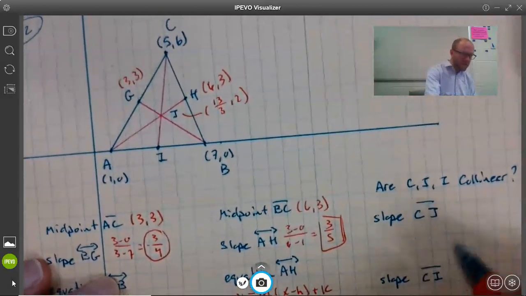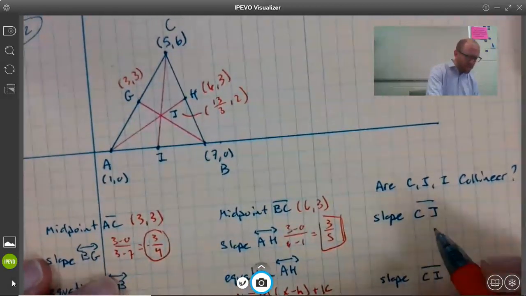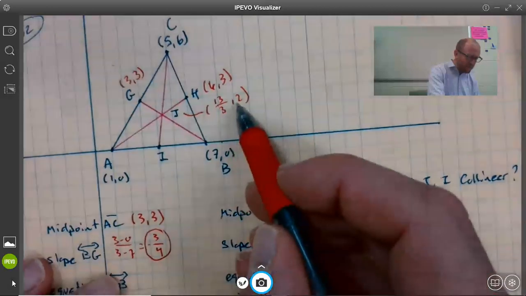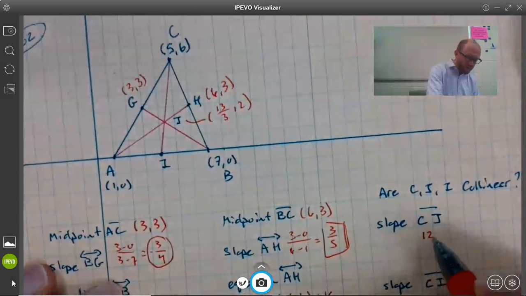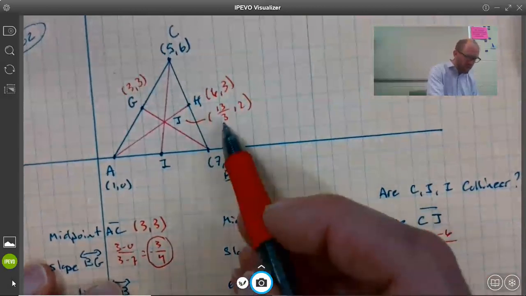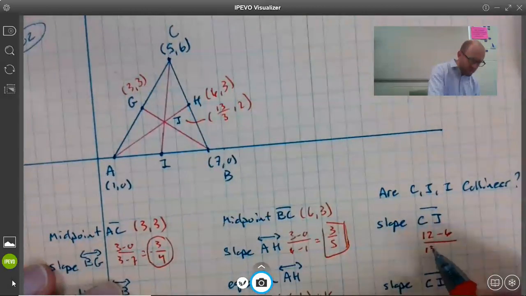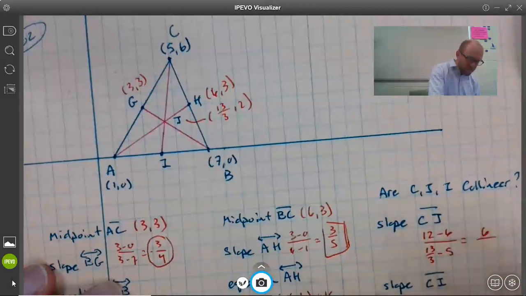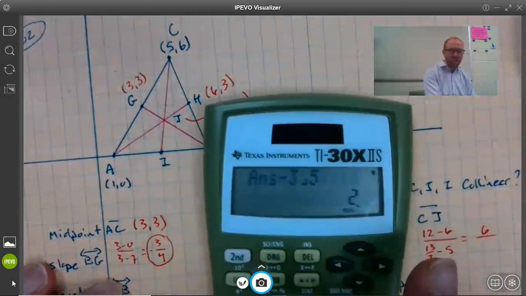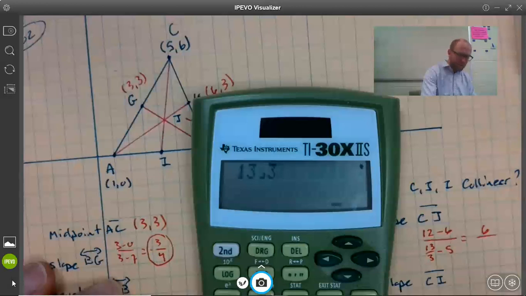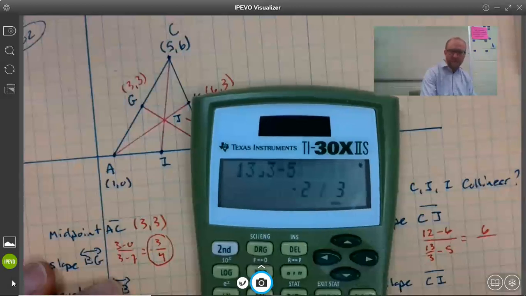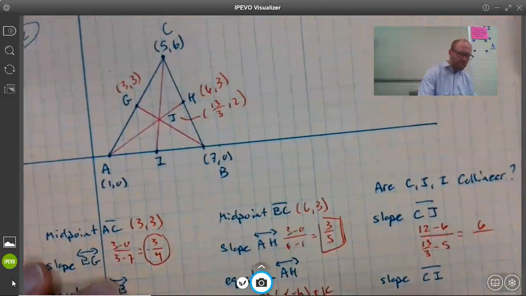So we've got CJ, our slope is 12 minus 6 over 13/3 minus 5. 12 minus 6 is 6, and 13/3 minus 5 is negative 2/3.